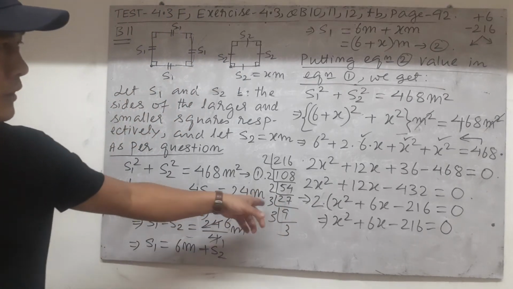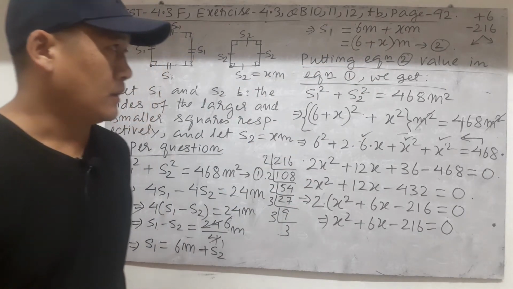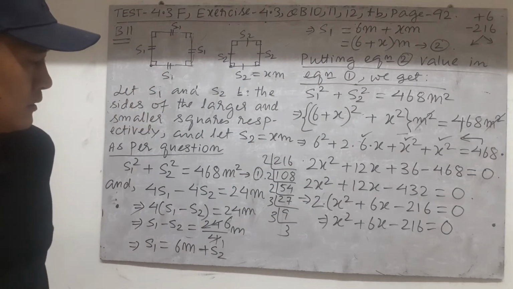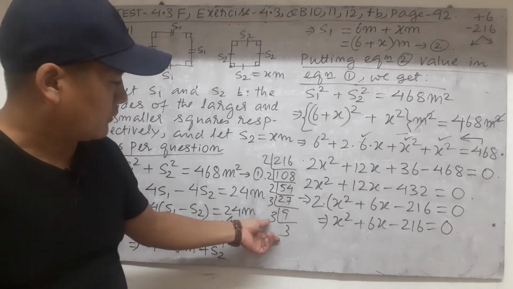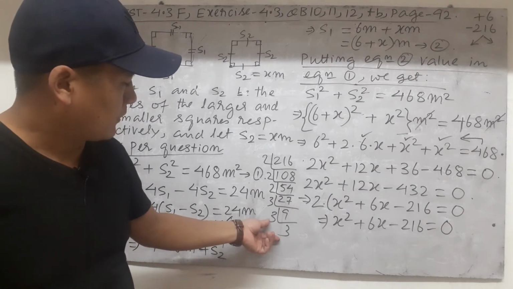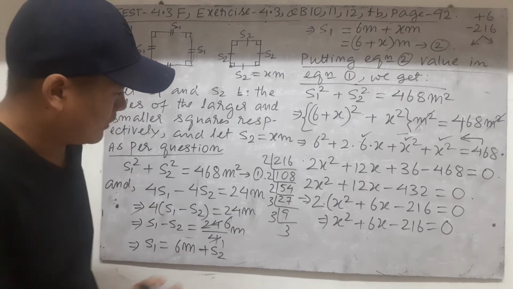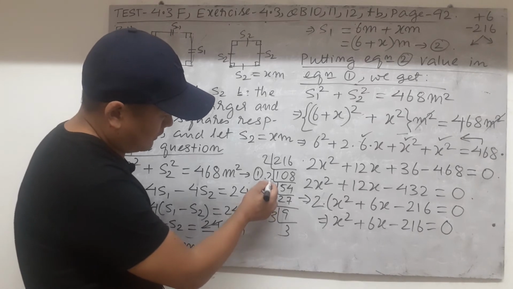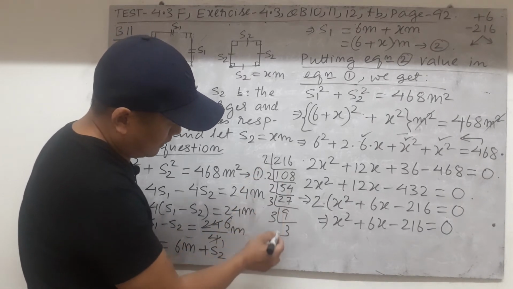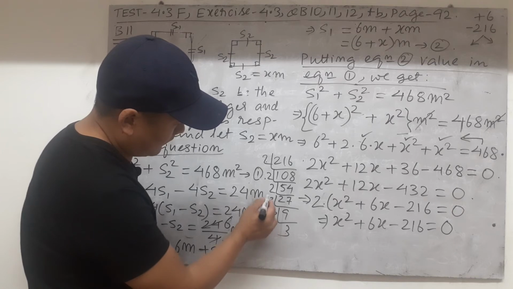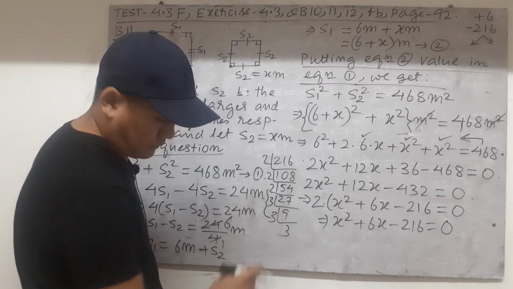Now we have to be aware of the middle term, plus 6. So 3 3s are 9, okay. 9 2s are 18. Then 3 2s are 6, 6 2s are 12, yeah. 3 3s are 9.